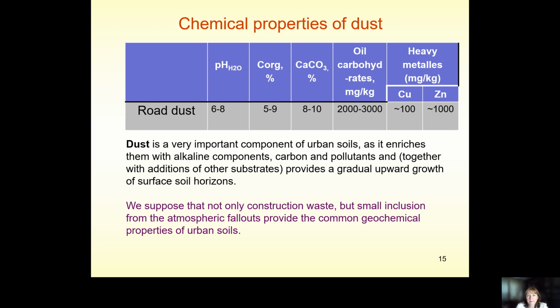Dust, together with additions of other substrates, provides a gradual upward growth of surface soil horizons. We suppose that not only construction waste, but small inclusions from the atmospheric fallouts provide the common geochemical properties of urban soils.